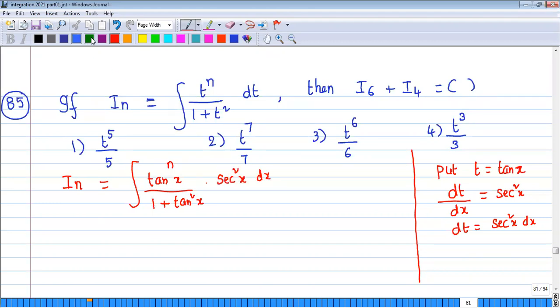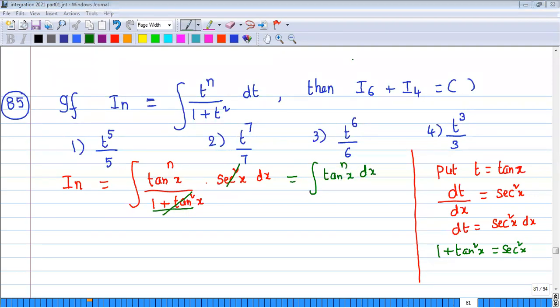See, this 1 plus tan square x is secant square x. So secant square x and 1 plus tan square x will cancel out. We have the integral of tan x to the power of n dx.